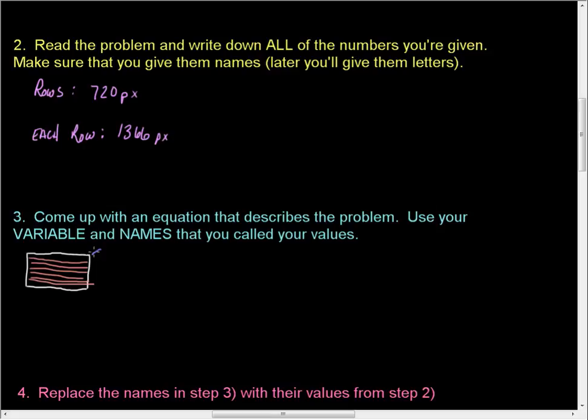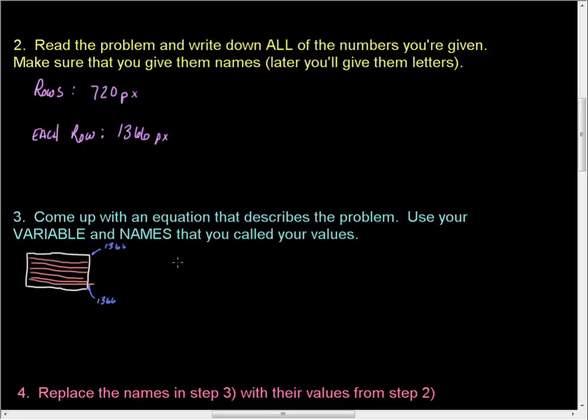All right, now each row has 1366. So if we were to go one row is 1366, two rows is 2732, three rows, four rows. Okay, well we have to do that for 720 rows. And so if I'm adding 1366 720 times, then that's really 720 times 1366.